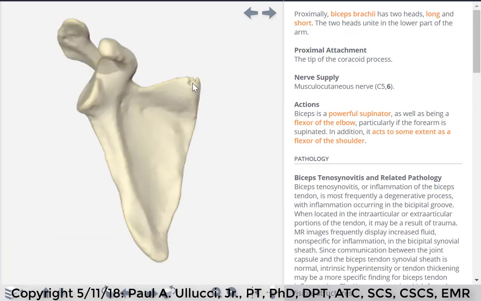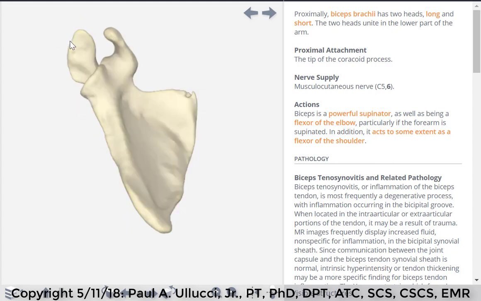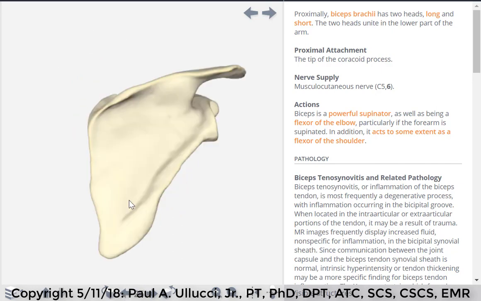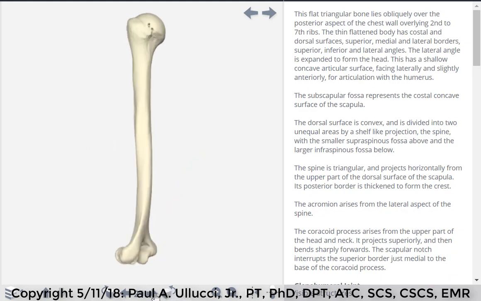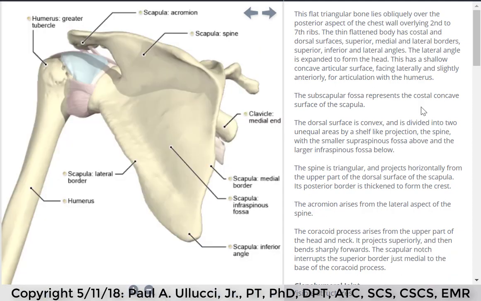Structurally, you're going to want to be able to identify the superior medial border and inferior medial border of the scapula, coracoid process, the acromion process, infraspinatus fossa, supraspinatus fossa. You'll want to be able to identify all of the osseous structures of the humerus. Very simple slide, very, very helpful, however, because it gives you a lot of bony landmarks.